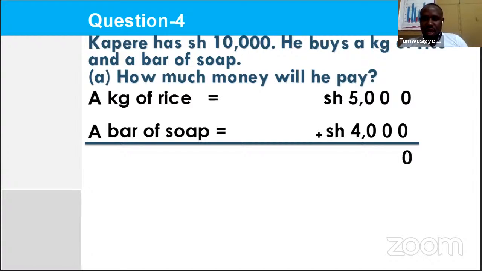Then we have another 0 plus 0. What do we get? We shall get a 0. Then next, 0 plus 0, we shall get 0.